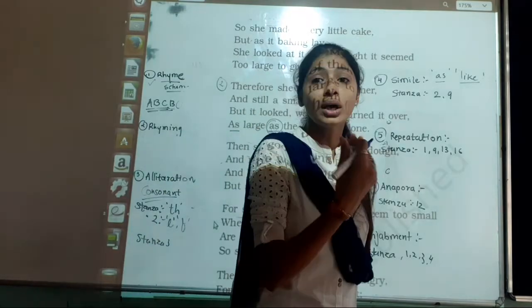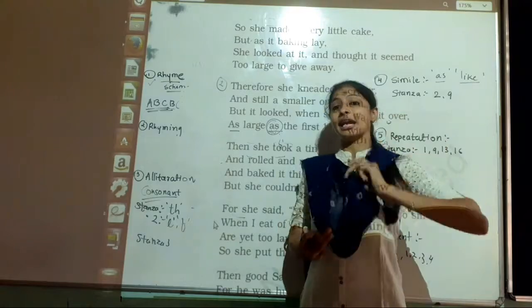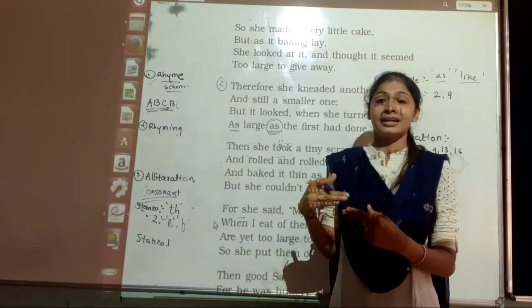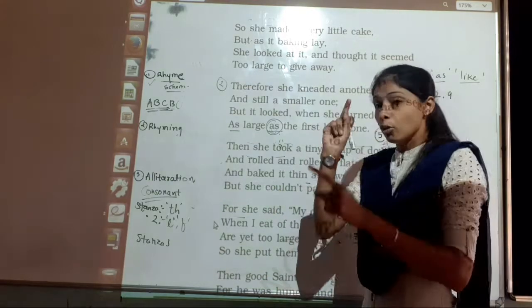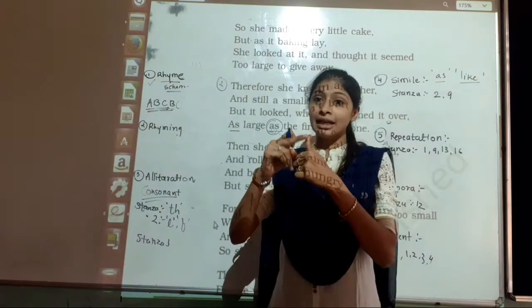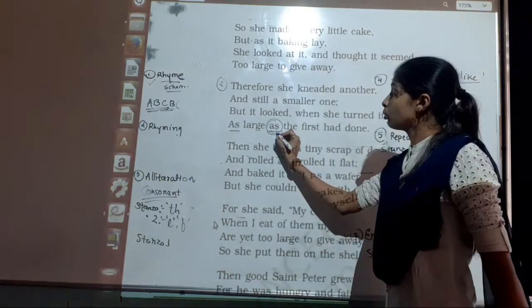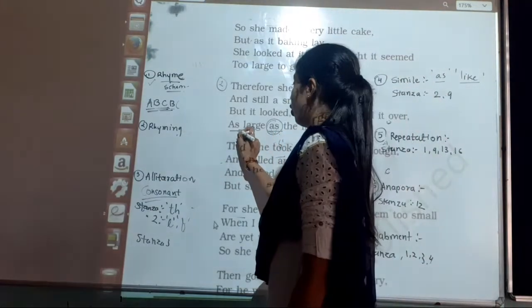That's why she had not given the cake to the Saint Peter. So she had made another one, second attempt, another with the second one by using this word "as". So students, this becomes the example of simile.